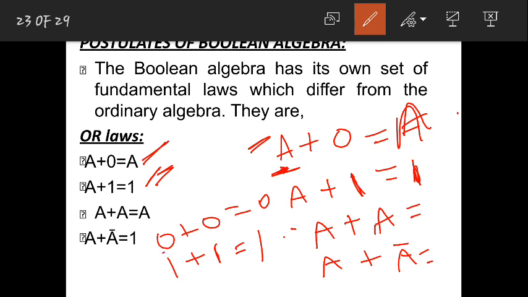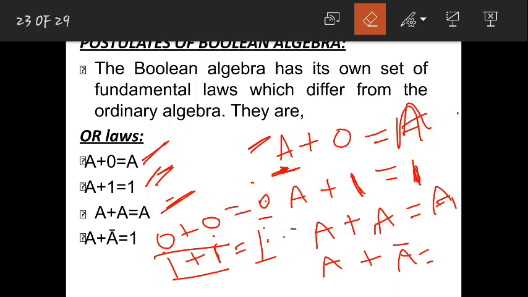So A OR A, you are getting A itself. If you take B OR B, you will get B itself. So here you can easily write A, because there is no constant like 0 or 1. Whatever you are ORing, the same thing you are getting here. So even this you have solved. So always remember A OR A is equal to A.